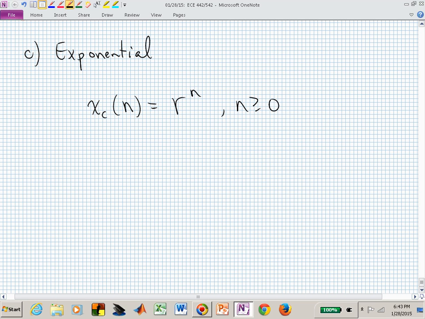Can you picture what that looks like as a time sequence? And if you can't, pick a particular value for R. Select a specific number for R. R equal 1/2. Now it's 1/2, 1/4, 1/8, etc. What if R was 2?